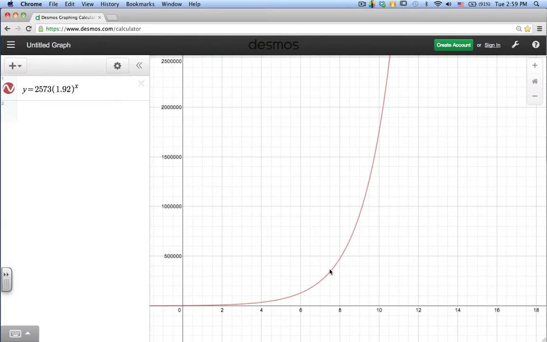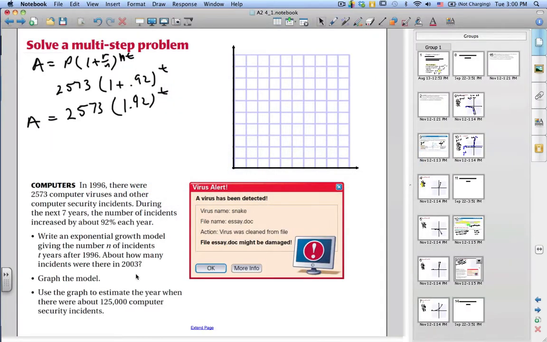And when I go to 7, I can see that when x was 7, we were at 247,485. So in 2003, 247,285.